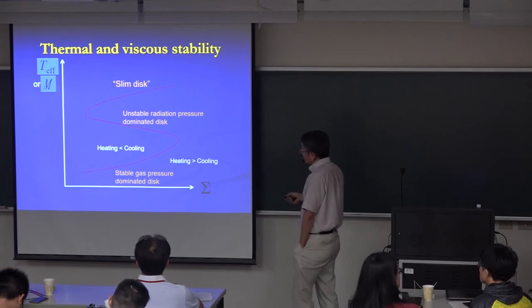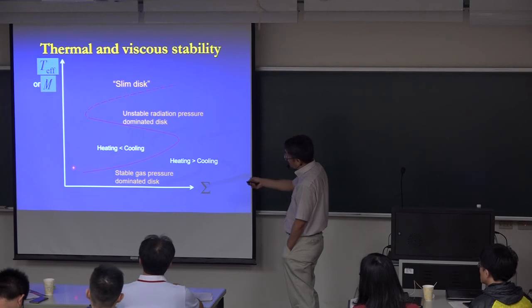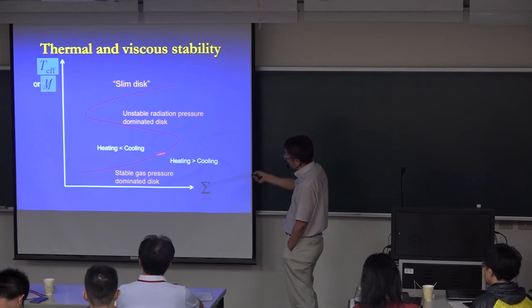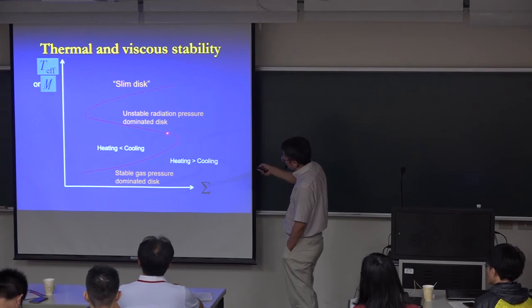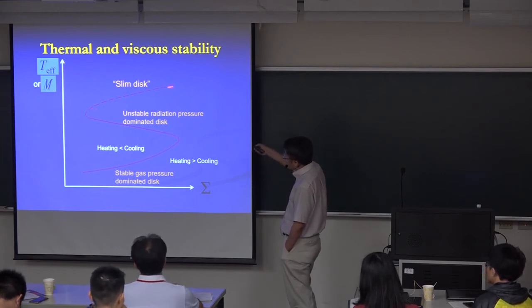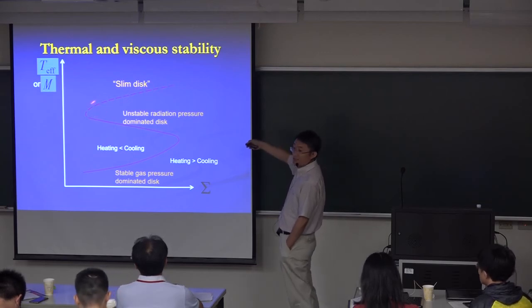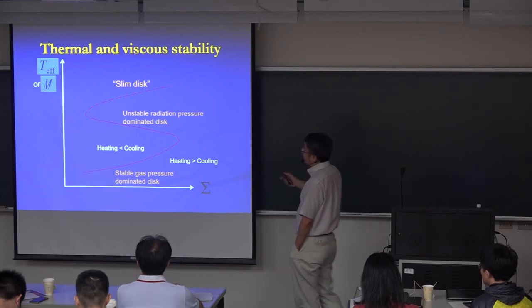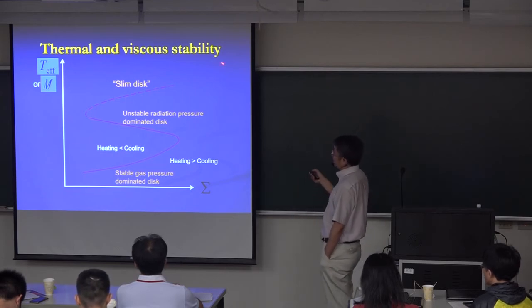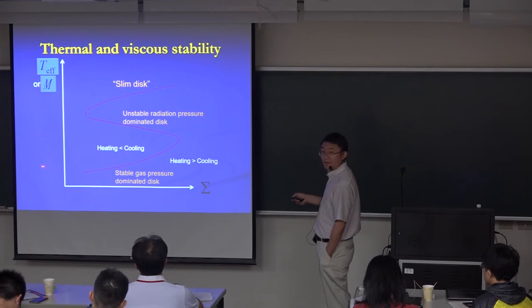If the accretion rate is low, of course, it will correspond to this branch. With the increase of accretion rate, the accretion disk will enter into this branch, and then finally the slim disk branch. This is the super-Eddington accretion branch. A very simple way to judge this instability is just to look at the slope of this curve.